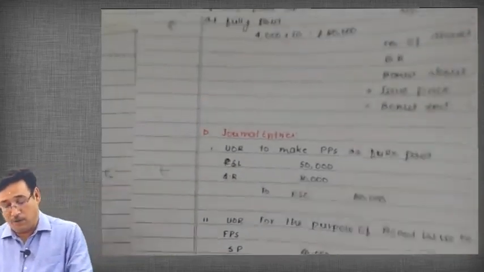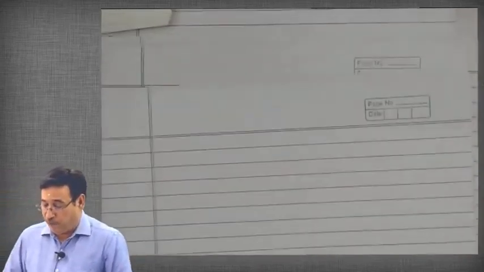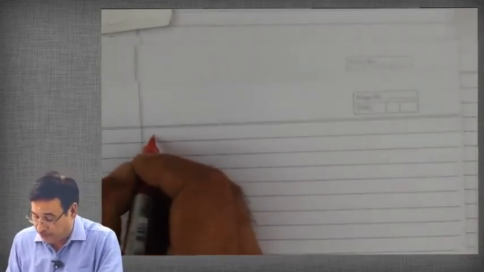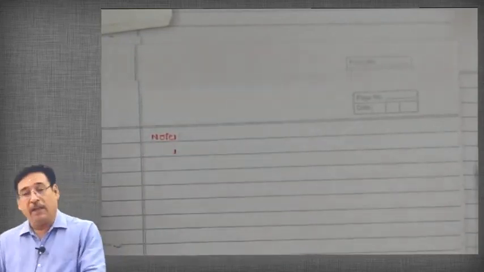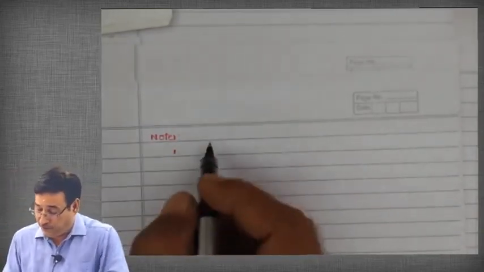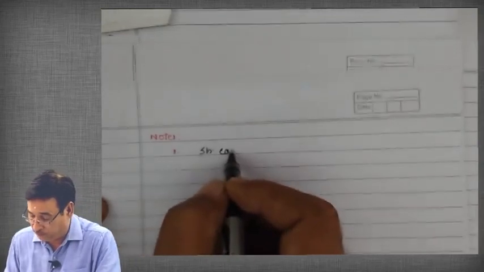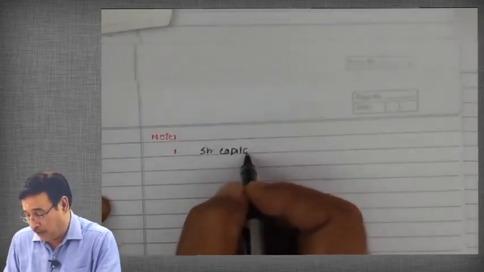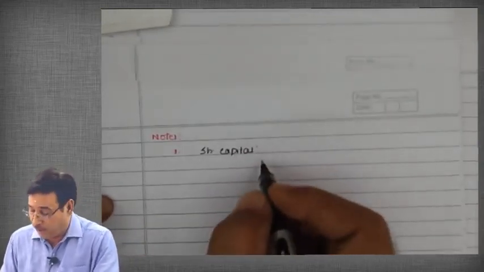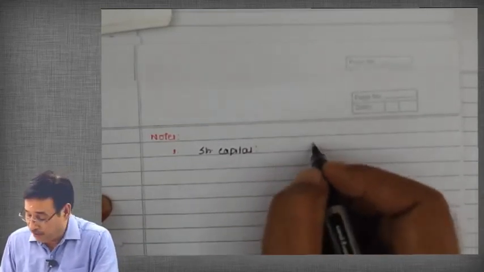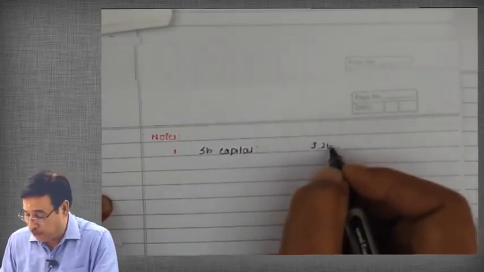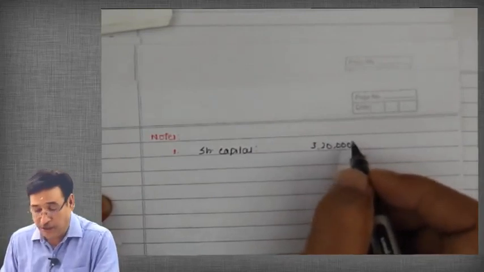So this is how you are going to do this question. Now if you want to make the notes, I want you to acquire practice and proficiency in preparation of accounting notes, notes for account, correct? So first of all, as far as share capital is concerned, you write the amount which is appearing in the balance sheet, that happens to be 3,20,000, isn't it?